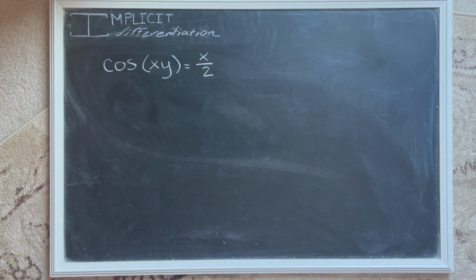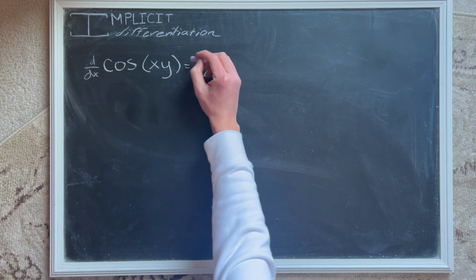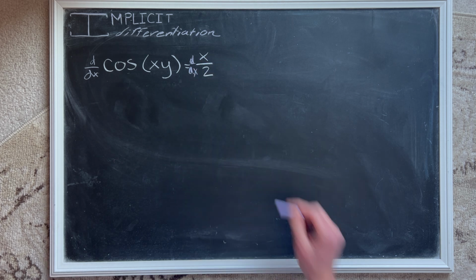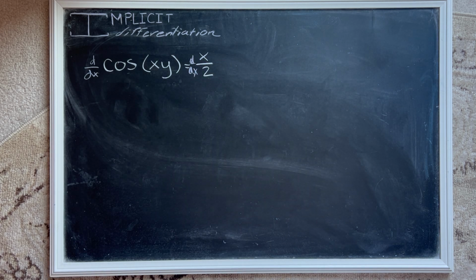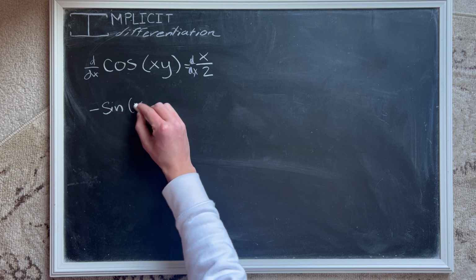All right, for this next example, we have cosine of xy equals x over 2. So again, we're going to start by taking the derivative of both sides with respect to x. And then on the left side, we have to use the chain rule. The derivative of the outside, so cosine of something turns into negative sine of that something, which is xy.